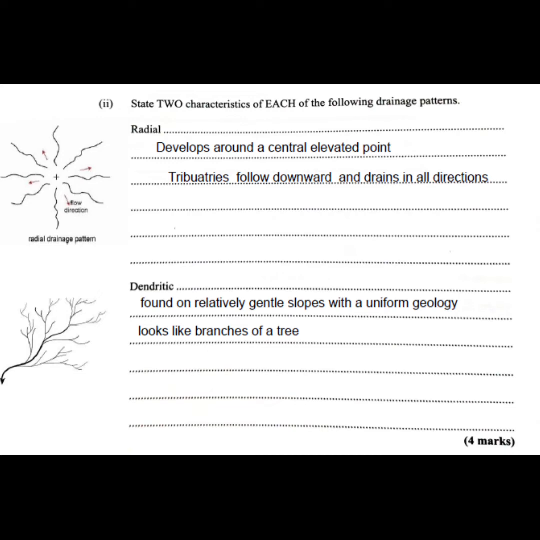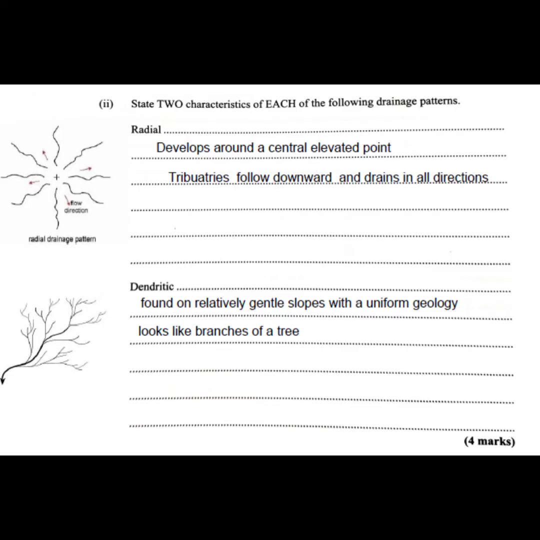The dendritic drainage pattern is found on a relatively gentle slope with a uniform geology, and it looks like branches of a tree, and it's usually found in areas that have homogeneous material.